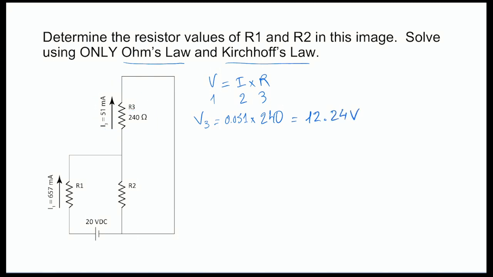So what I'm saying here is that the voltage drop between these 2 points, this V3, is 12.24 volts. Now, what is important is to make an assessment of the relationship of the resistors to each other, because we want to know where this voltage is going, whether it is going to be added to R2, R1, or what's happening.